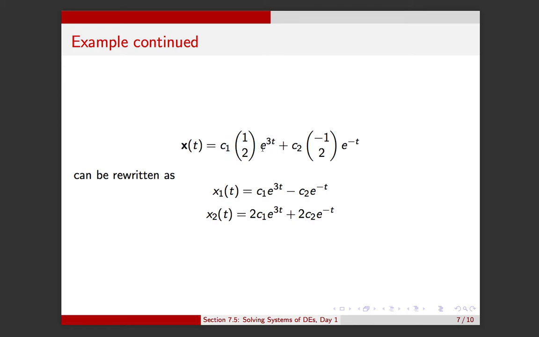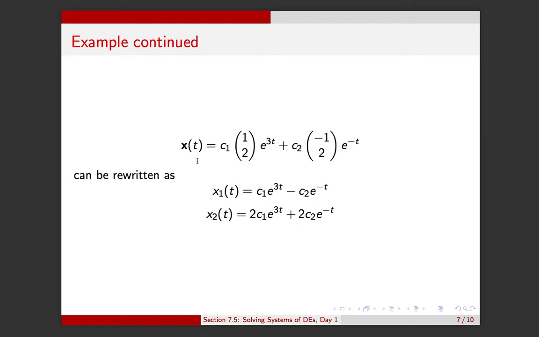C1 times 1 times e to the 3t, right? All that could be put here with that 1. And then what about right here with the negative 1? e to the negative t and c2. So when you read across the top here, that's what x1 is: c1 times 1 e to the 3t plus c2 times negative 1 times e to the negative t. That's how I get this x1.